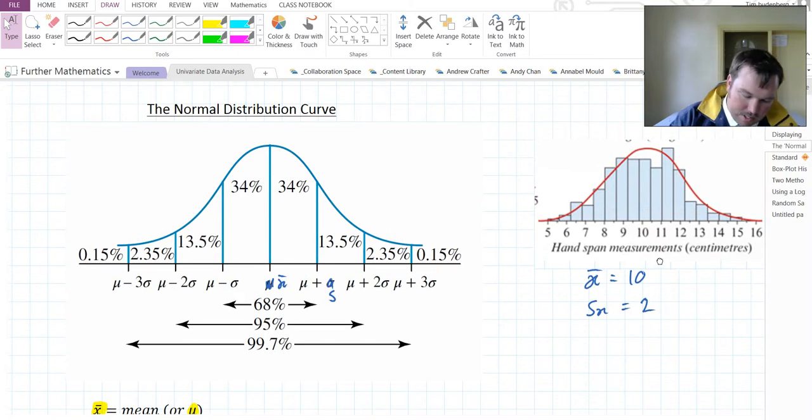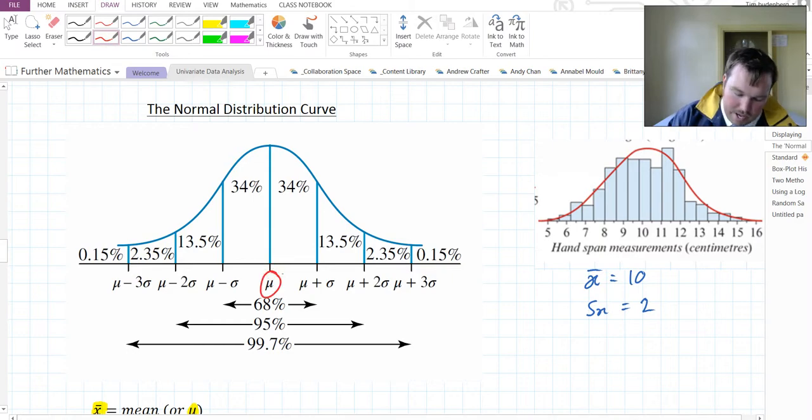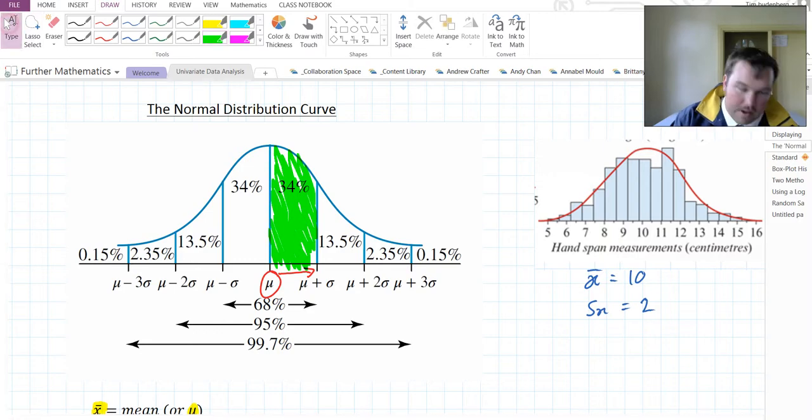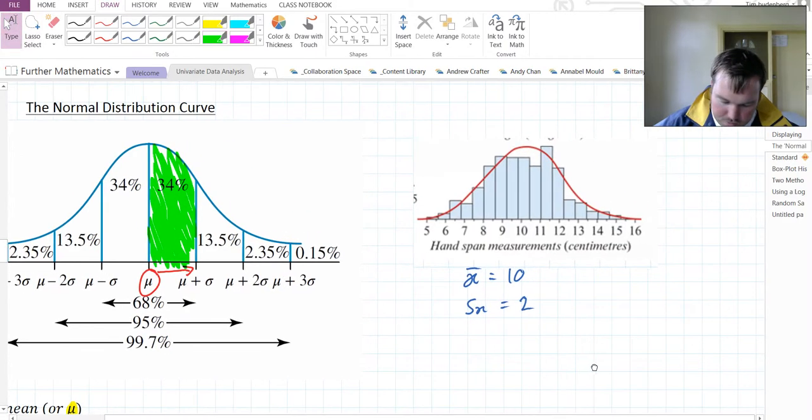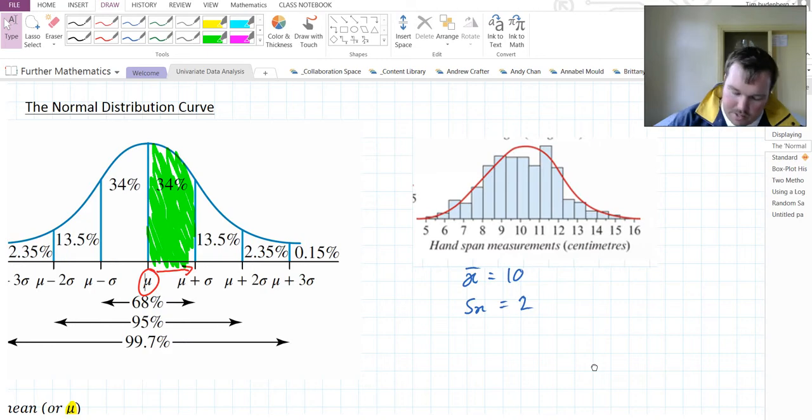So what does that actually mean? This means that if we have a mean, and then we add one standard deviation onto it, there will be 34% of the population in this section. Now that's rather abstract, so let's take a more concrete example. Take the hand measurement scale here.